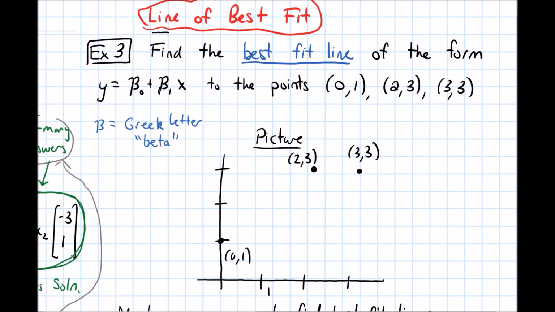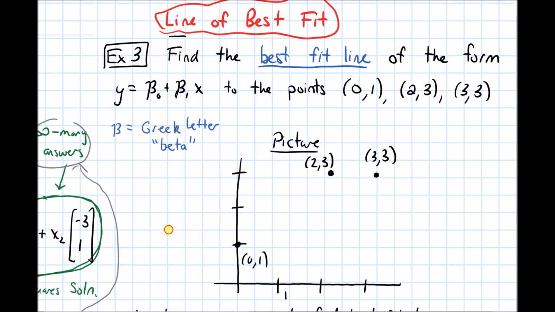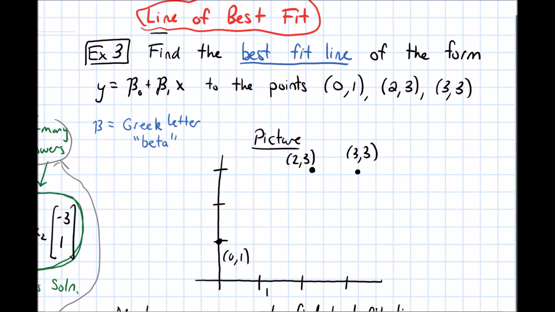What we want to do is find a line that best fits these data points. Clearly I can't draw a line that's going to go through all three of them, and it might not even be the best thing to draw a line that goes through two of them. I want to draw a line that comes as close as possible to all three in a rough sense. So I'm just going to draw a rough sketch of what that might look like.